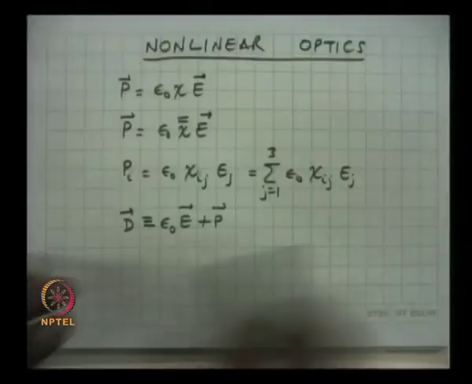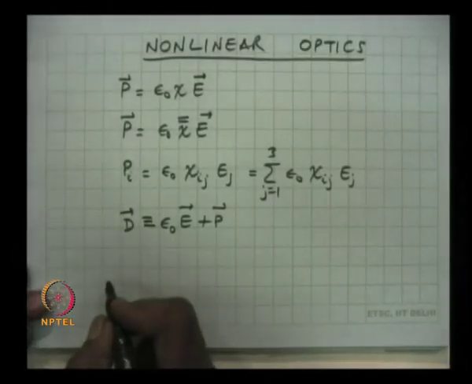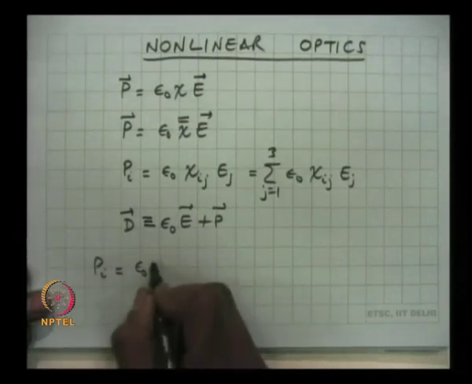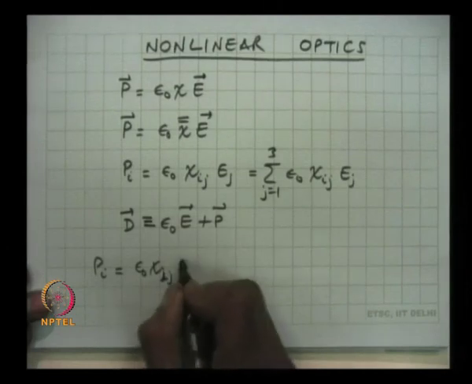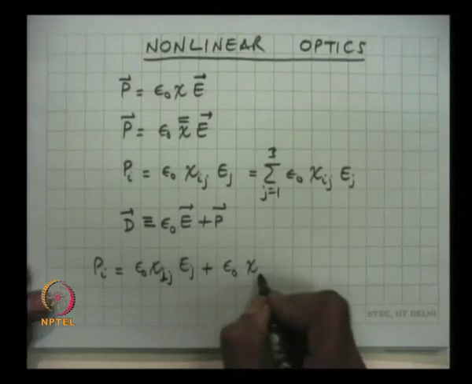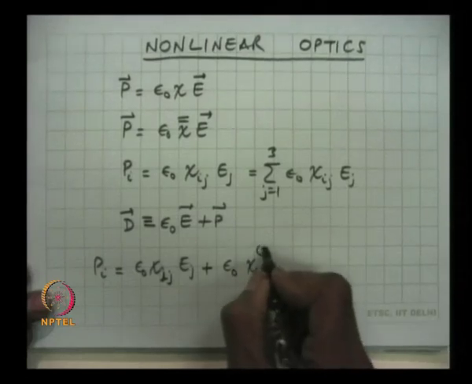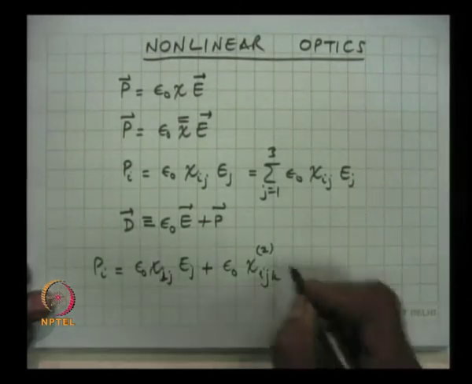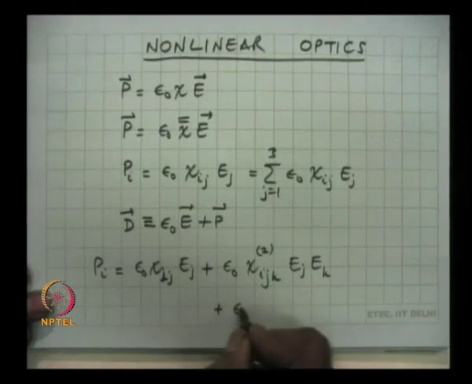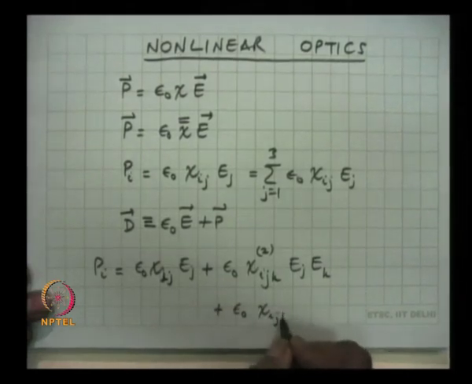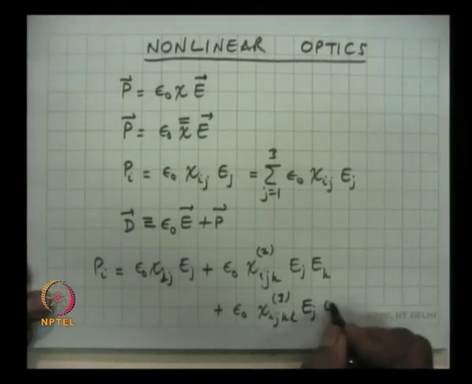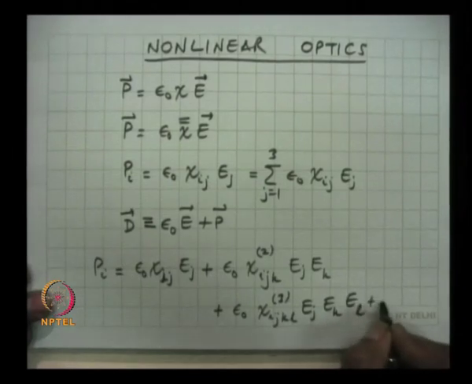So, instead of this equation, what I will have to write is, for example, P i is equal to epsilon 0 chi i j E j, and I will have additional terms like epsilon 0 chi i j k, let me write a 2 here to represent it is a second order term, E j E k, plus epsilon 0 chi i j k l, this is the third order term, E j E k E l, plus etcetera.